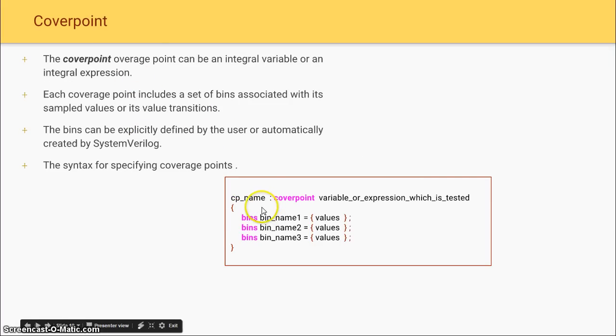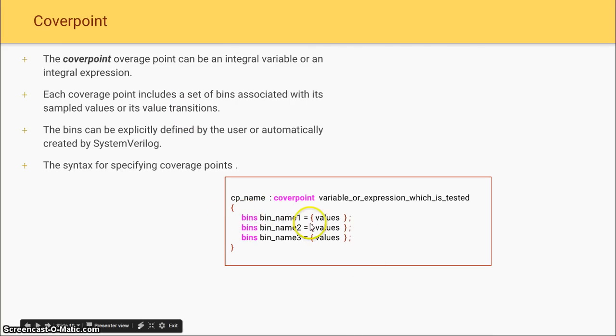Now this is the general syntax to define a cover point. So the cover point name followed by a colon symbol, then you use the keyword coverpoint, then you give the variable or the expression which is tested here, and within a set of braces you will list the bins associated with this particular cover point.